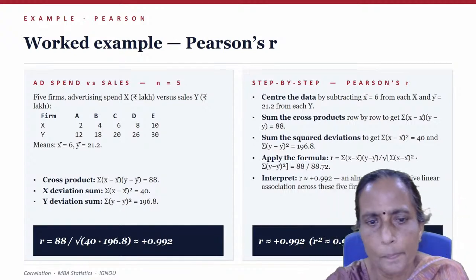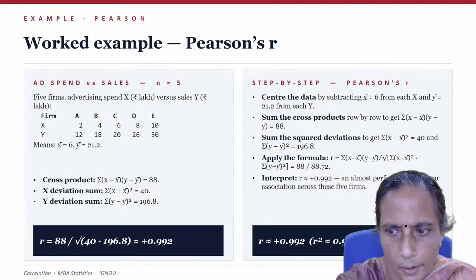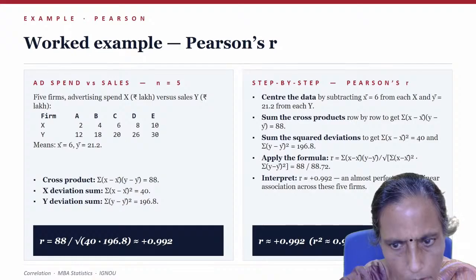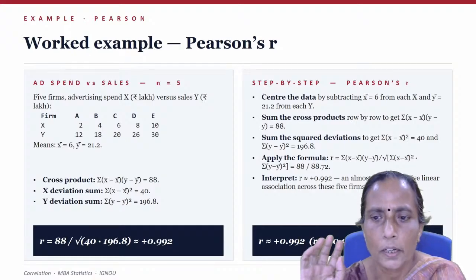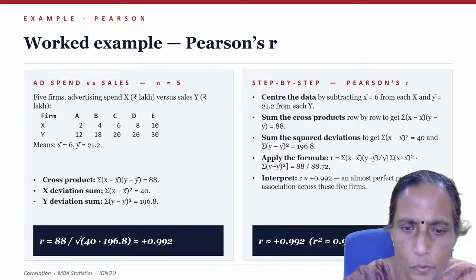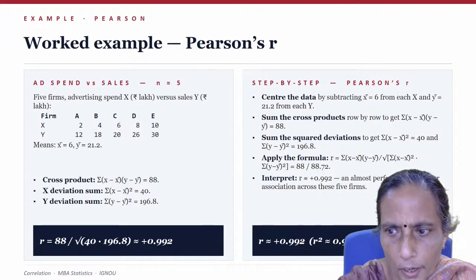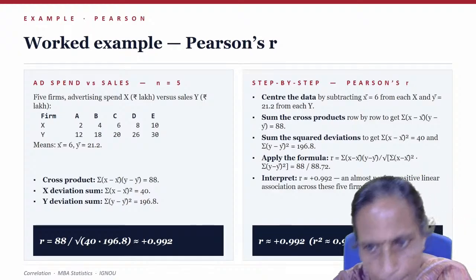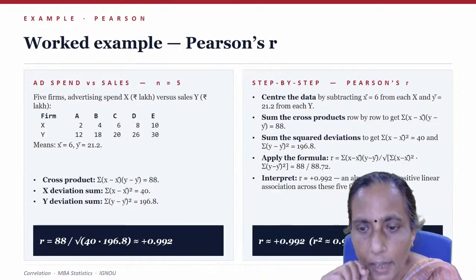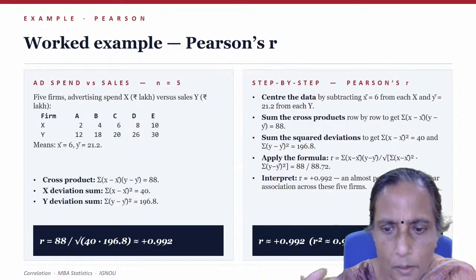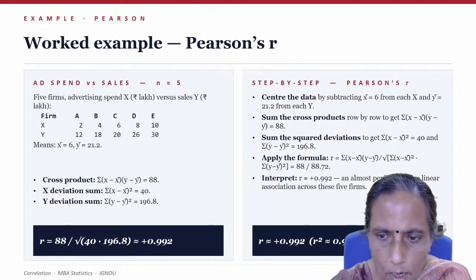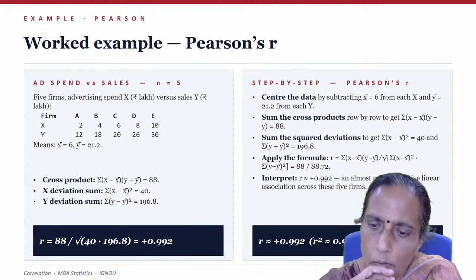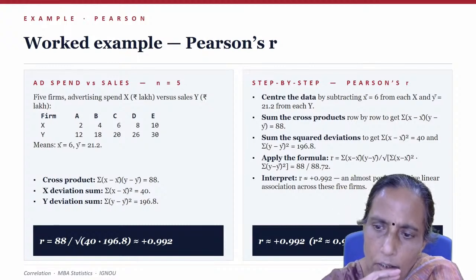Applying the formula, cross product divided by the square root of summation (x minus x bar) whole square into summation (y minus y bar) whole square, that is 88 divided by the square root of 40 into 196.8, which is 88.72. So r is equal to +0.992.